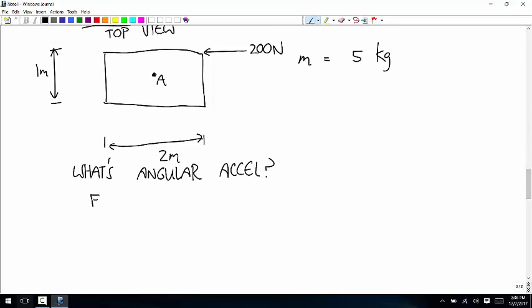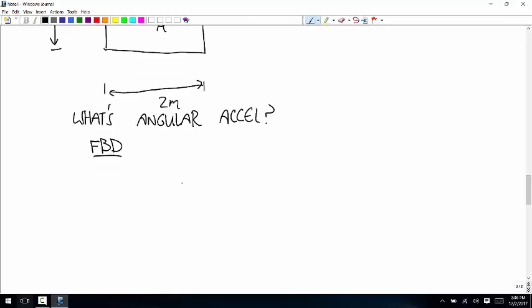Okay, so free body diagram. We have the force over here of 200. And we have the force here at the axis that we can ignore. It's not going to produce a moment. Since it's a top-down view, the weight is acting into the page, so that's not going to show up in this calculation.